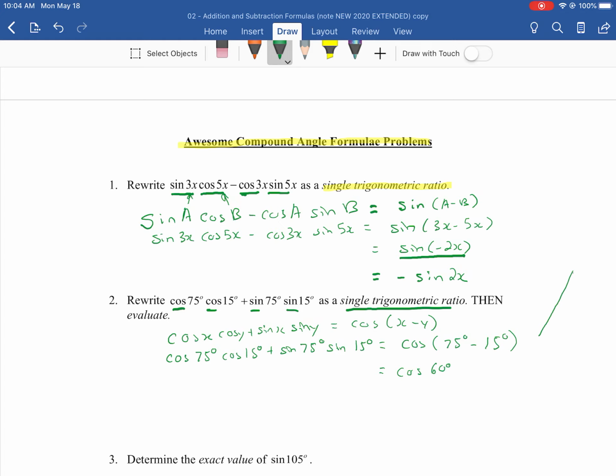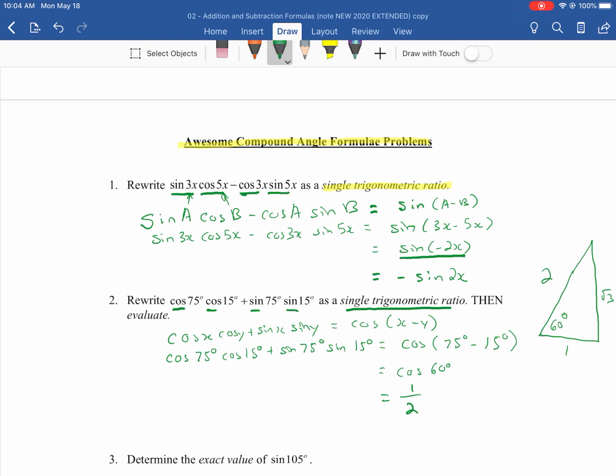Oh, evaluate. Cos 60. I can do cos 60. Quick drawing of my special triangle here. 60 degrees. There's a root 3 over there. Let's just clean that up a little bit. There we go.